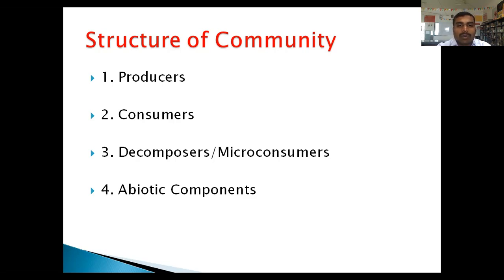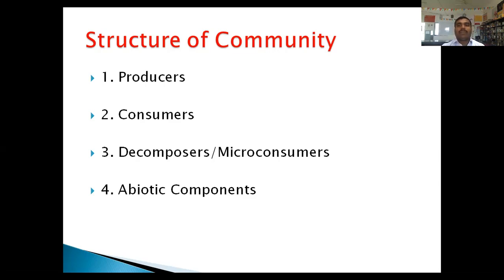Now we will see the structural components of community. These are four: producers, consumers, decomposers, and abiotic components. First, we will see the producers. The producers are also called autotrophic organisms.